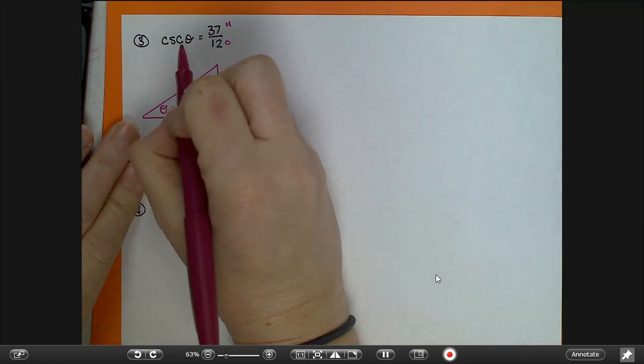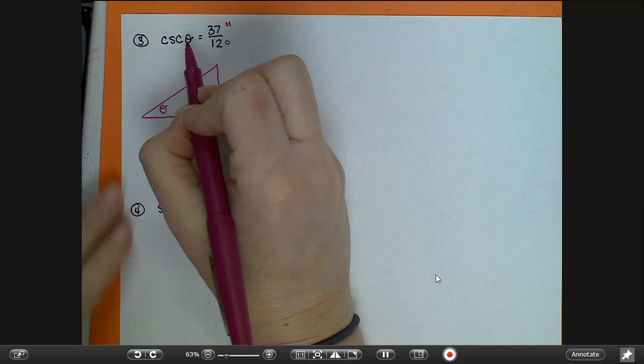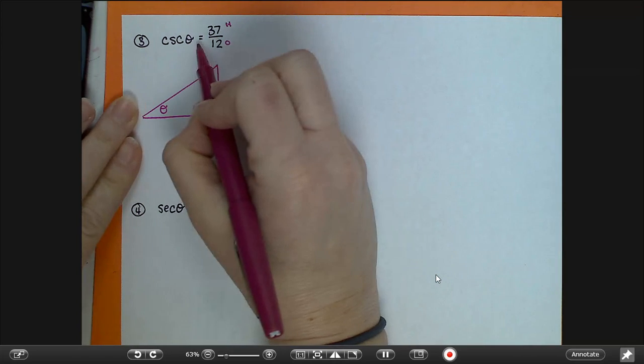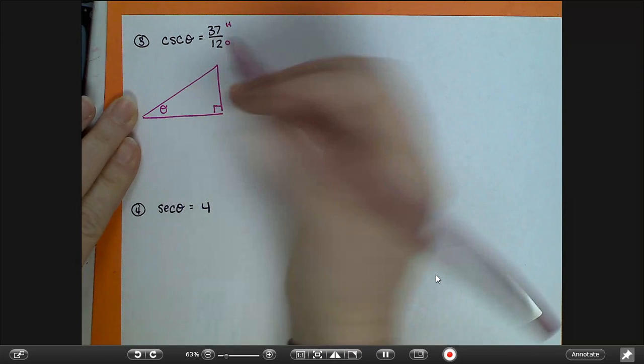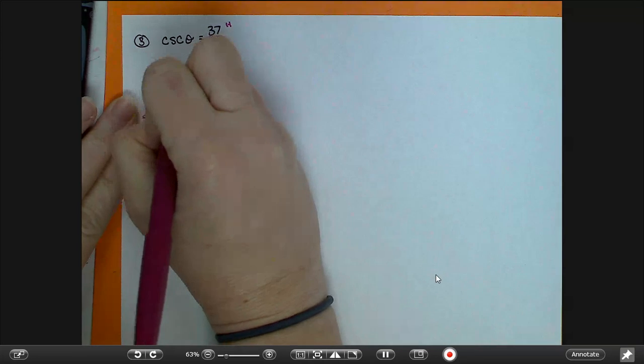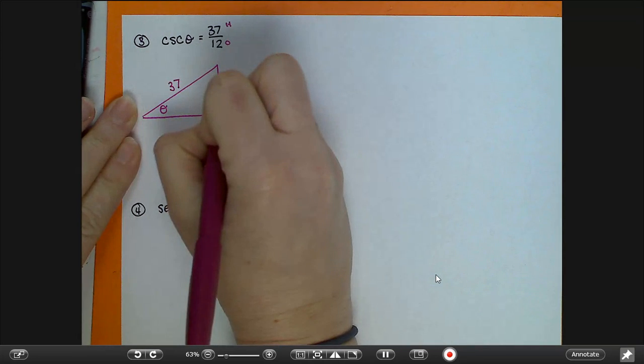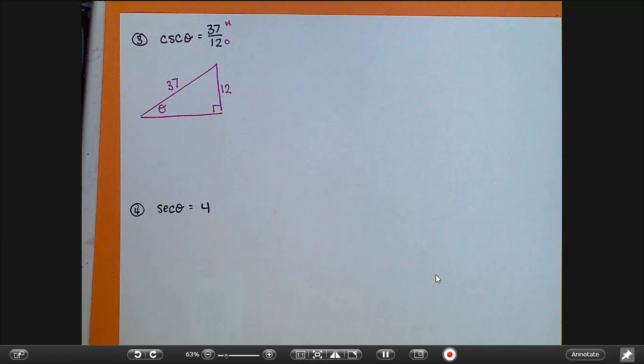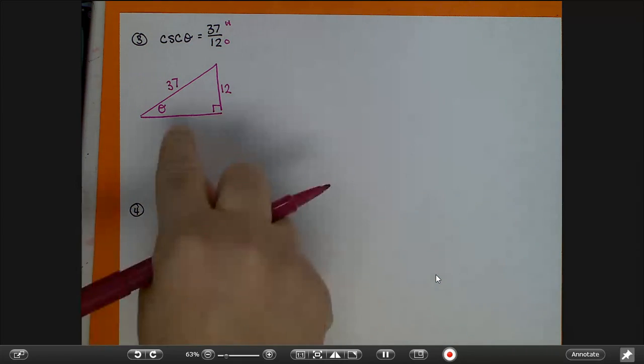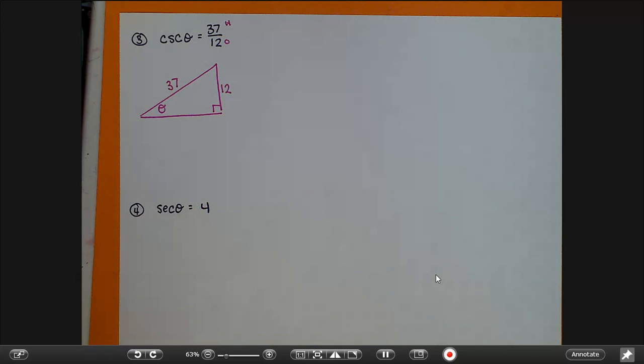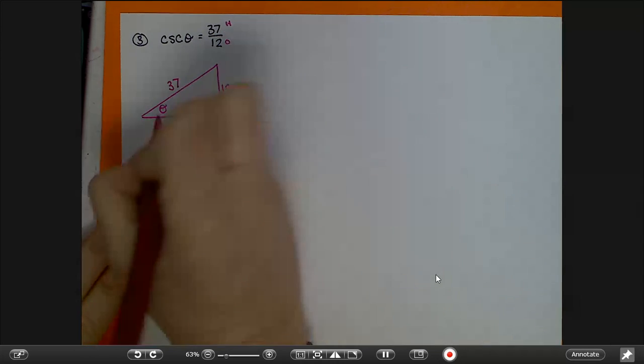So cosecant is the inverse, or the reciprocal, of sine. So hypotenuse over opposite. We know the hypotenuse is 37 and the opposite side is 12. In order to do any of the other trig functions here, we need to figure out that missing side. We know two sides, we're looking for a third side, so we need to use the Pythagorean theorem.